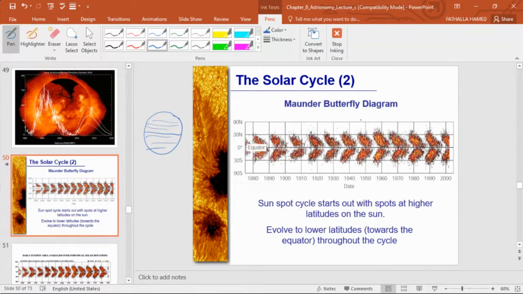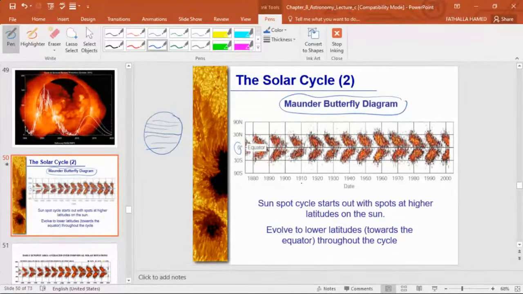And that's why this was known as the Maunder butterfly diagram. So he's just plotting above the equator and below the equator. You see the 0 here, then 30 north up to 90 north, 30 south up to 90 south.